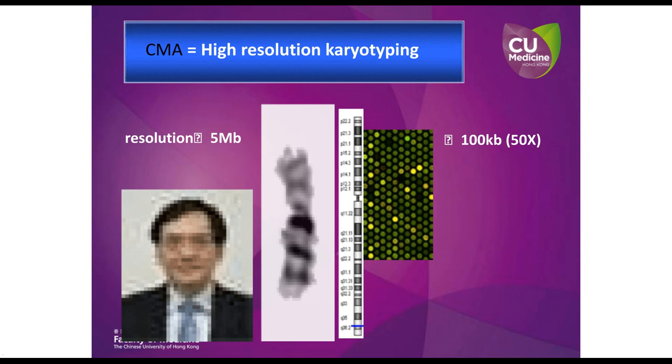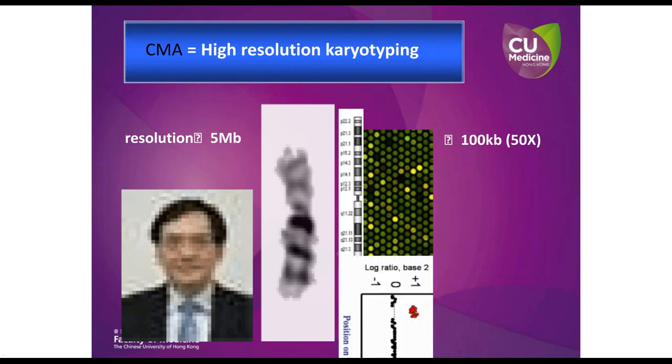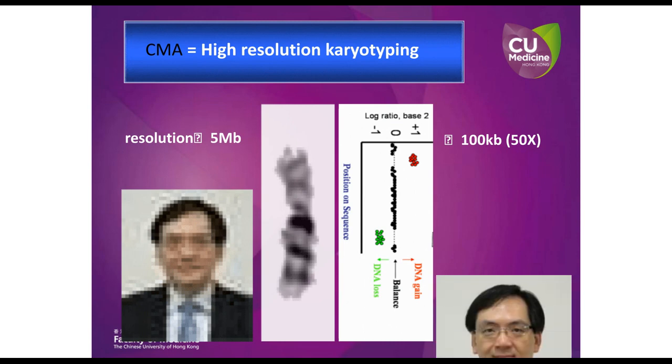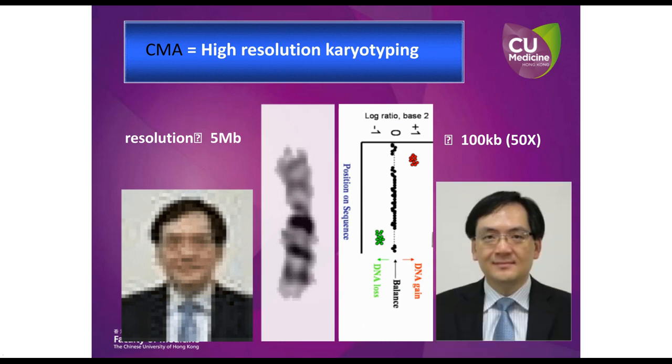With that, we are able to see clearly where the sequences are aberrant. Just like a picture, we can have a very clear resolution, and we know that, oh, this is a gentleman. And in fact, he's the chairman of our department, Professor T. Weiler. So that is what we mean by how a CMA has a better resolution than karyotyping.